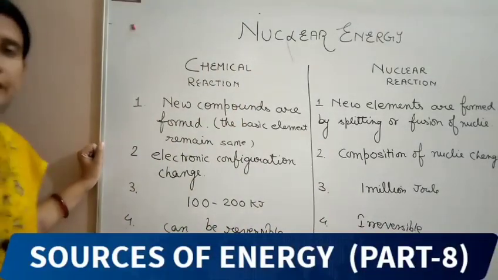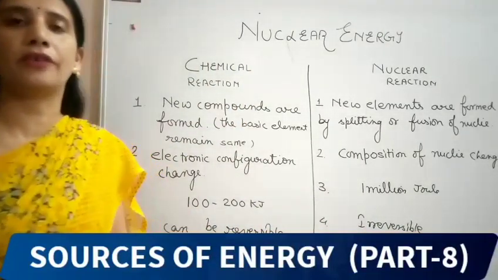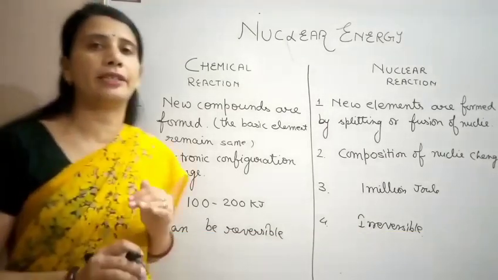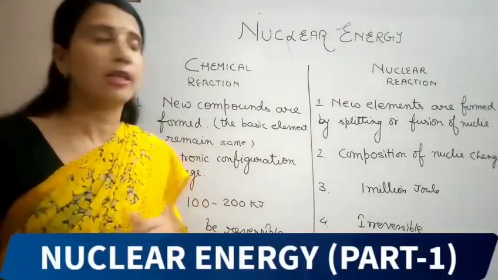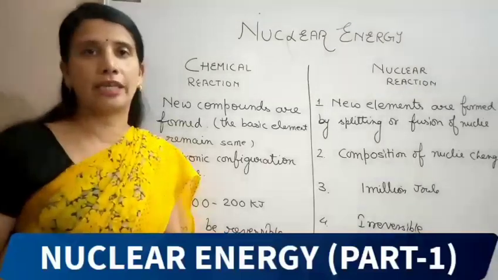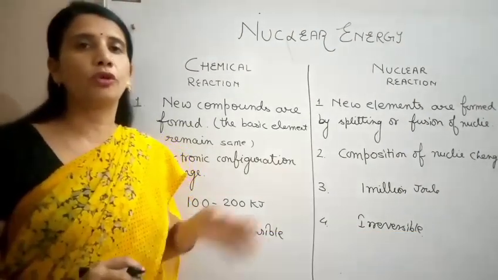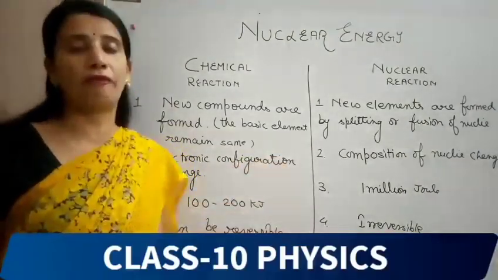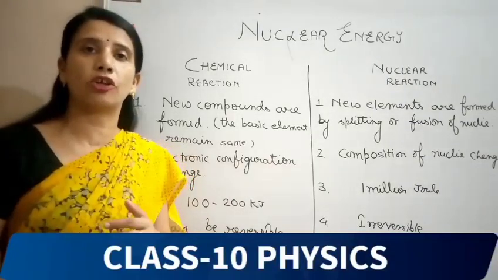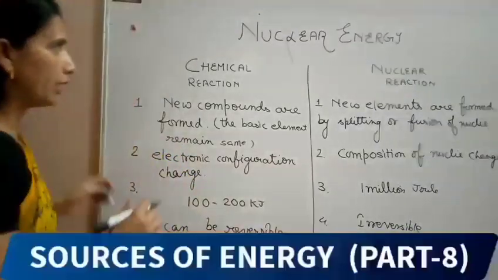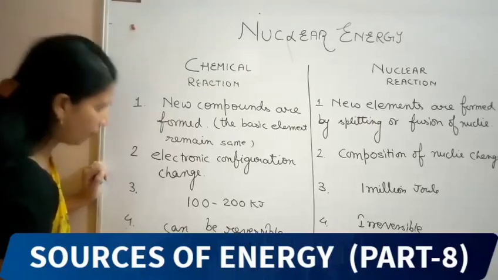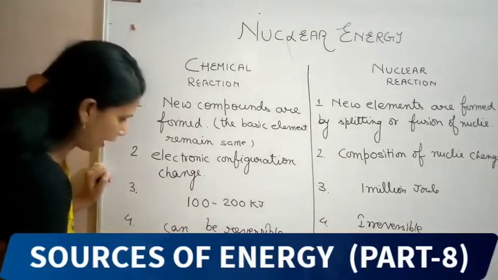In a chemical reaction, the rate of the reaction is affected by temperature and pressure. But in a nuclear reaction, it is not so. The nuclear reaction is not affected by a change in temperature or pressure. So there are 5 points of difference between chemical and nuclear reactions.